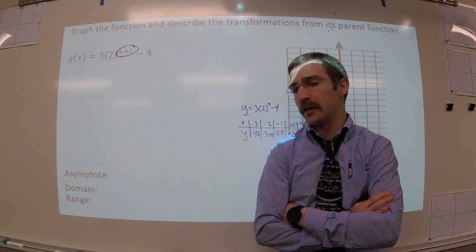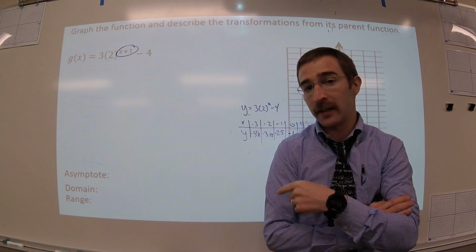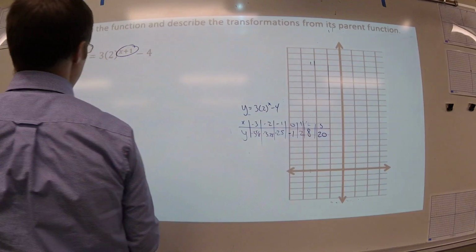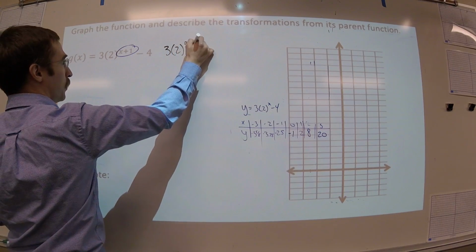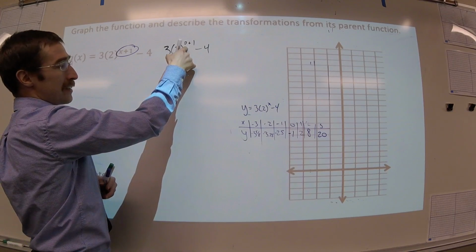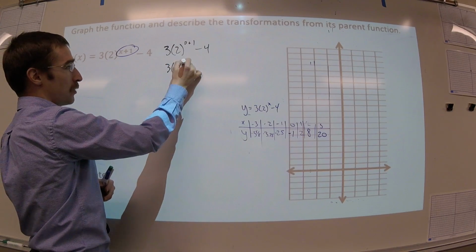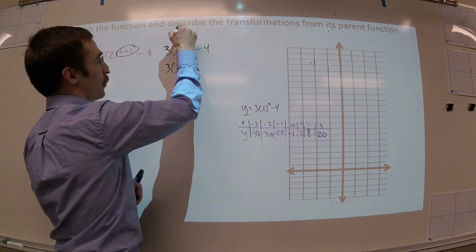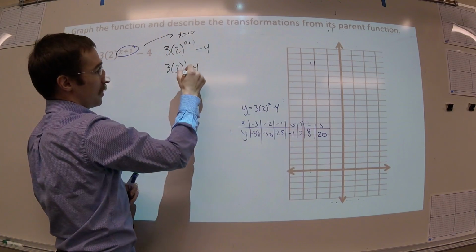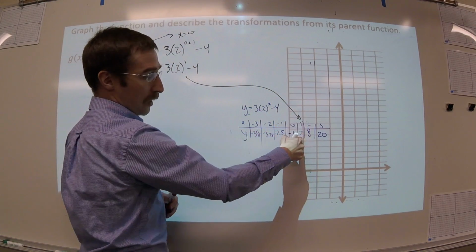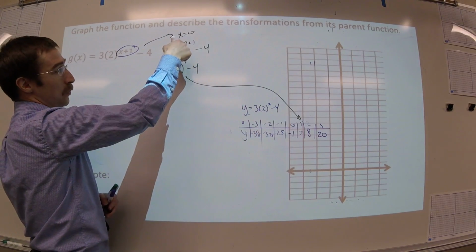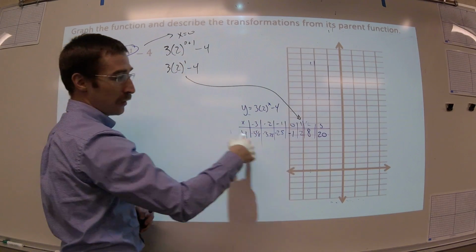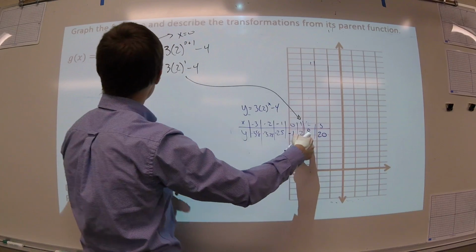If x is 0 here, I have 3 times 2 to the 0 plus 1 minus 4, that's like 3 times 2 to the 1 minus 4. So when x equals 0 here, that's like when x equals 1 in the original function.